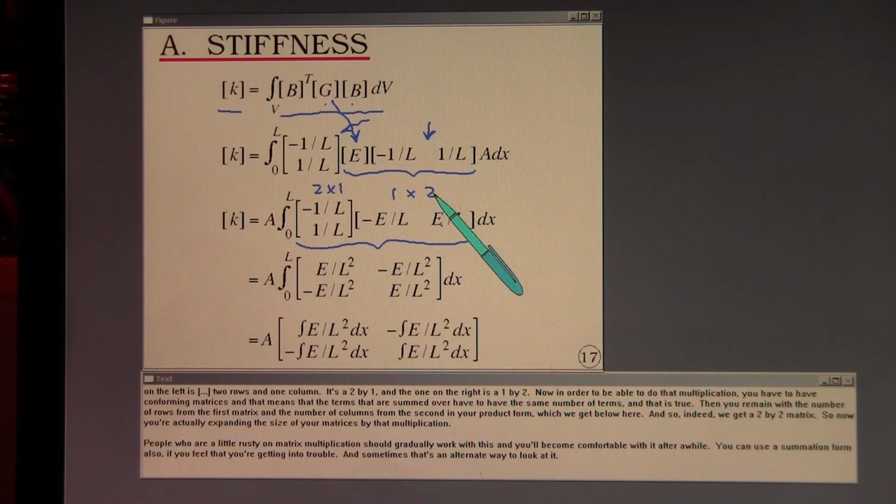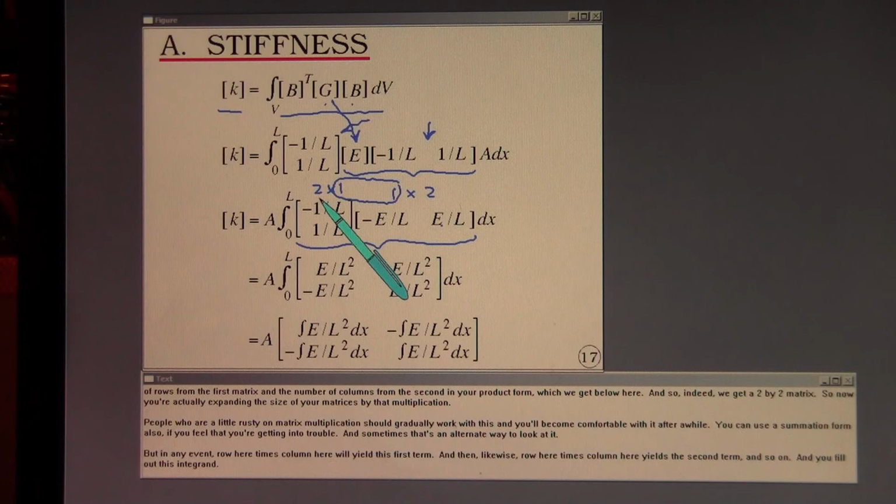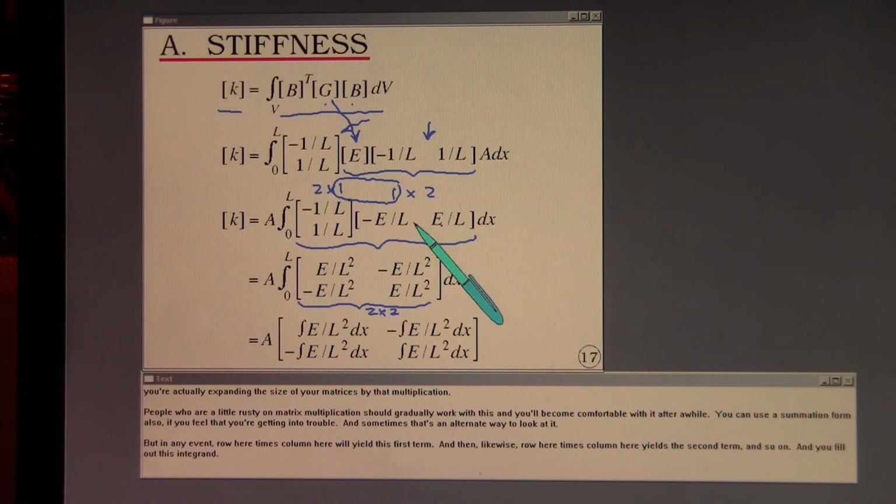Now, in order to be able to do that multiplication, you have to have conforming matrices, and that means that the terms that are summed over have to have the same number of terms, and that is true. Then you remain with the number of rows from the first matrix and the number of columns from the second in your product form, which we get below here, and so indeed we get a 2 by 2 matrix. So now you are actually expanding the size of your matrices by that multiplication.